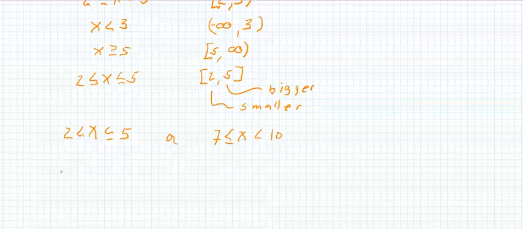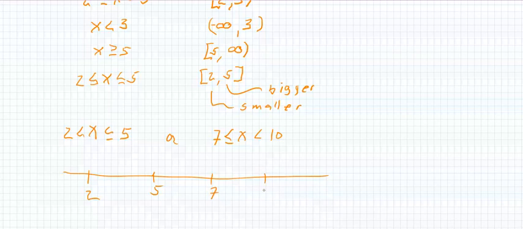If I graphed it, it would look like 2, 5, 7, 10, open circle, closed circle, closed circle, open circle, and it looks like this.